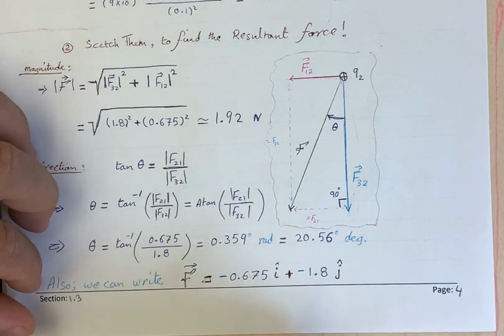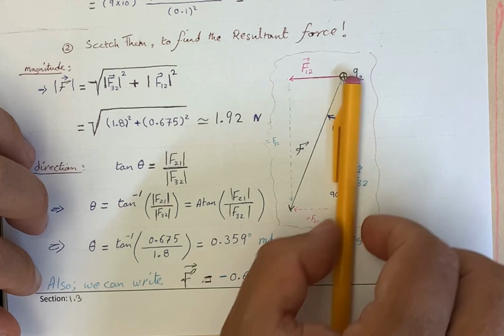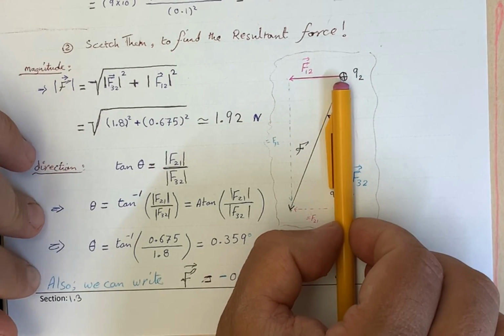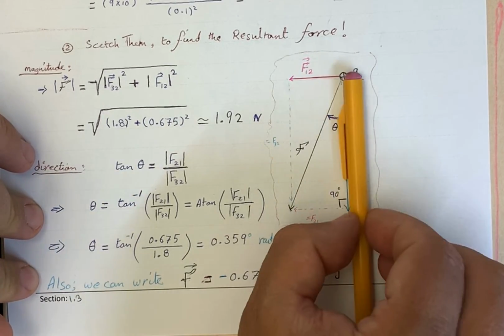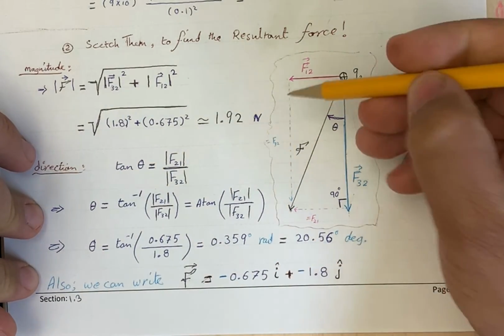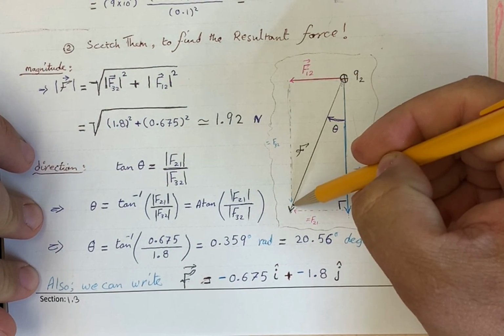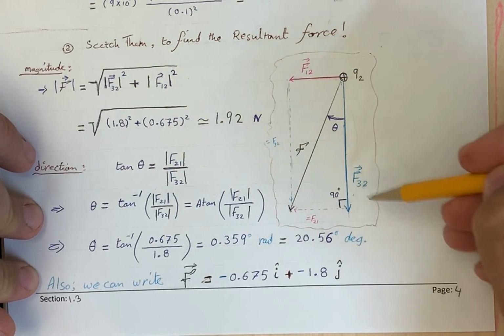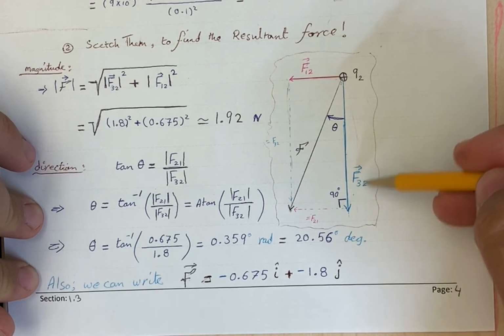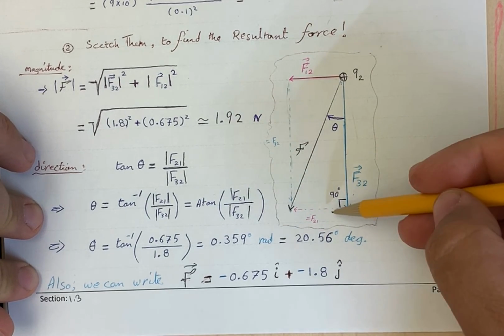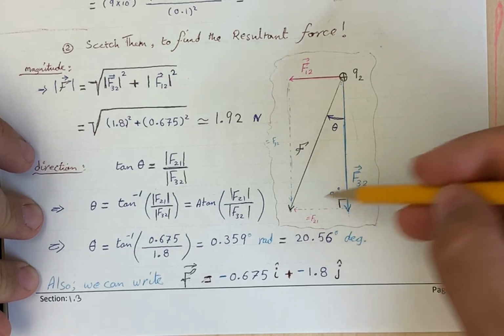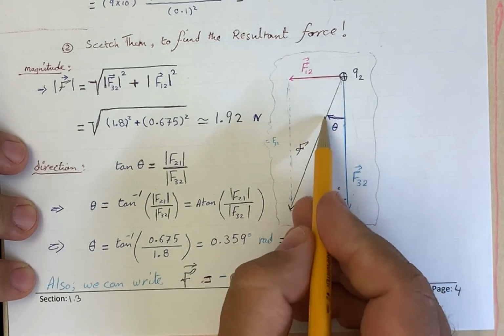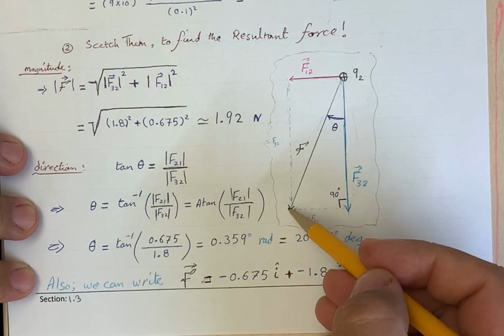How can we do that? It is simply by taking the second force from tail to head. So we consider this length as F32, or we can write F32 plus F21. And this is the resultant force.